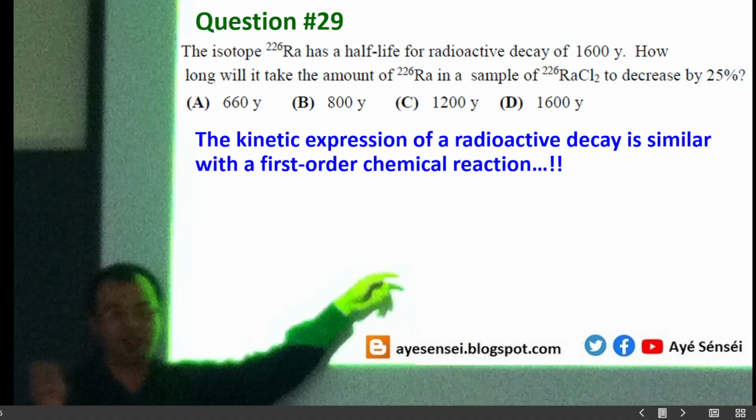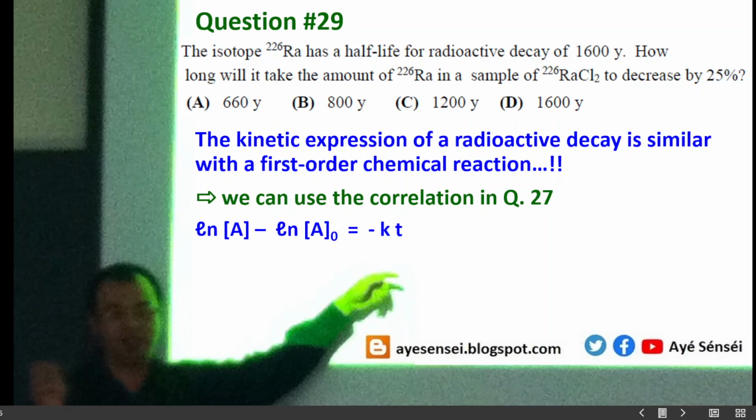Let's see. So the kinetic expression of radioactive decay is similar to a first order chemical reaction actually. We are going to take the correlation that has already been written in question number 27.